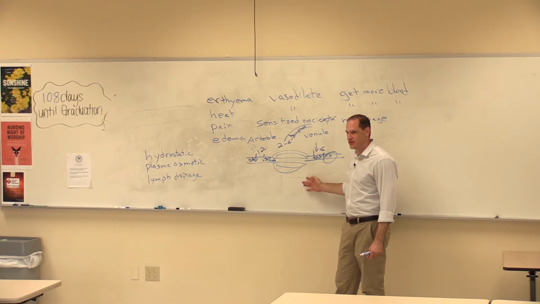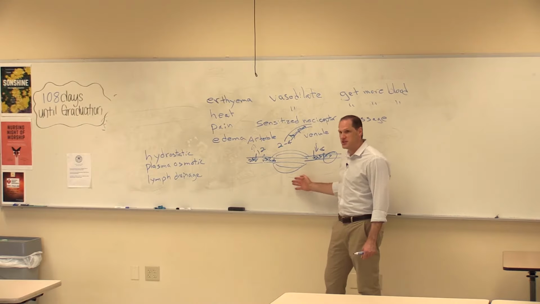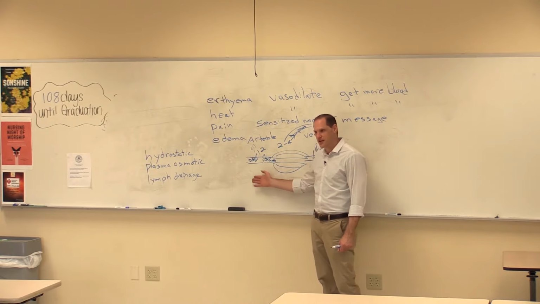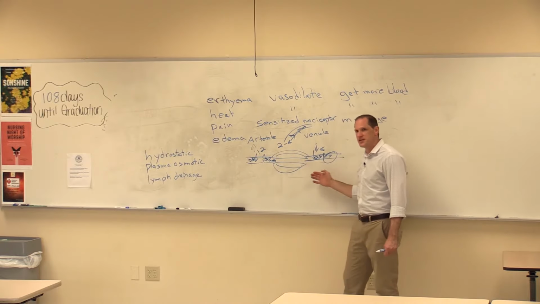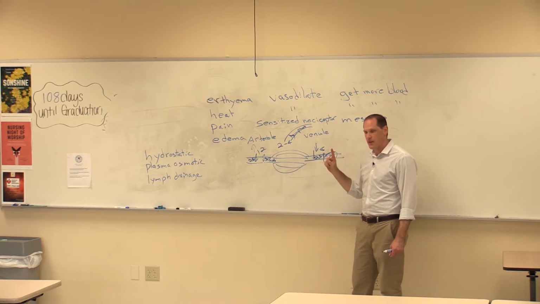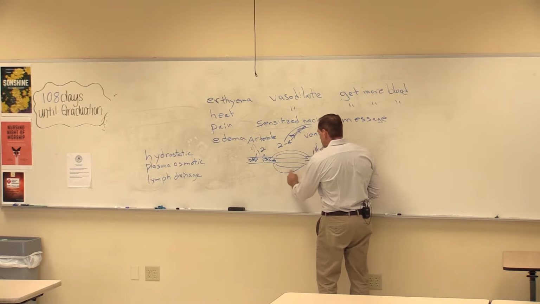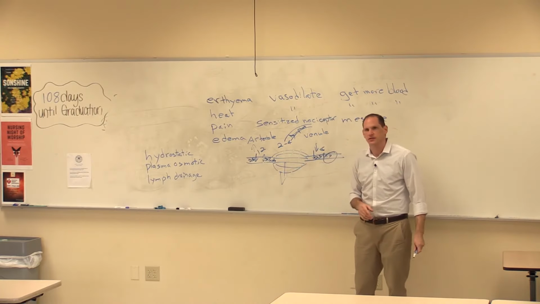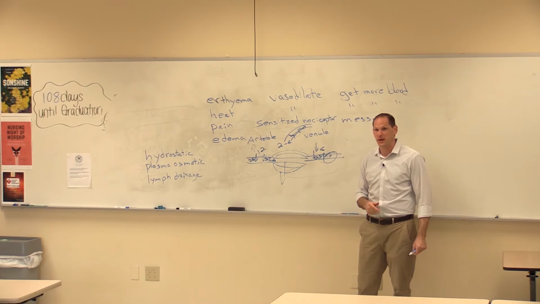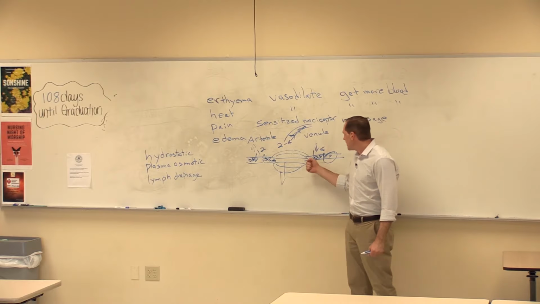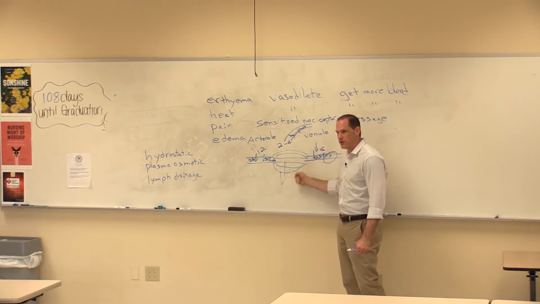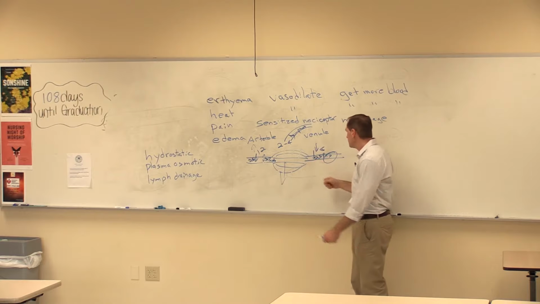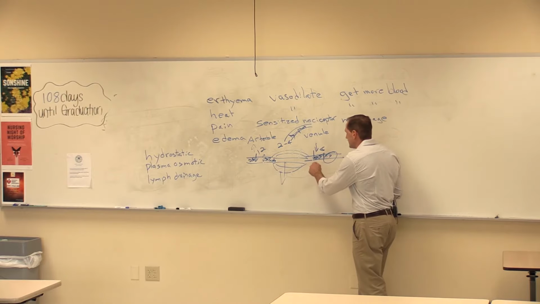You guys are going to kick yourselves when you find out how easy it is. The blood still has the same, because you don't lose protein in the capillaries. So the protein levels are the same, arterial to venous. What happens if we punch holes in the capillary bed and allow proteins to leak out? The osmotic pressure over here would be more or less the same, and now you've dropped your osmotic pressure down to, let's say, 10.